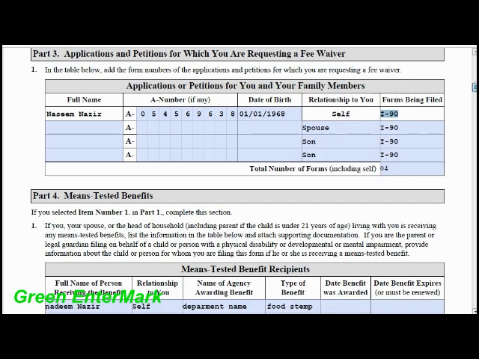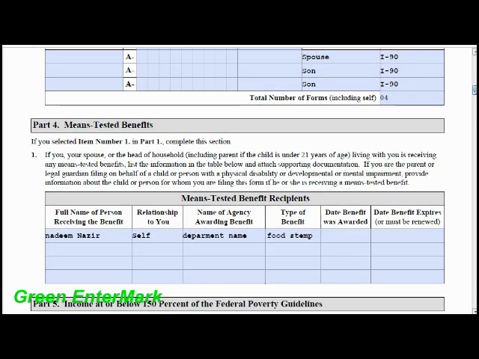Now Part 4 is regarding the means-tested benefits. The means-tested benefits are the benefits given to you by the state or the federal government on the basis of several things, like food stamps or health or other things.